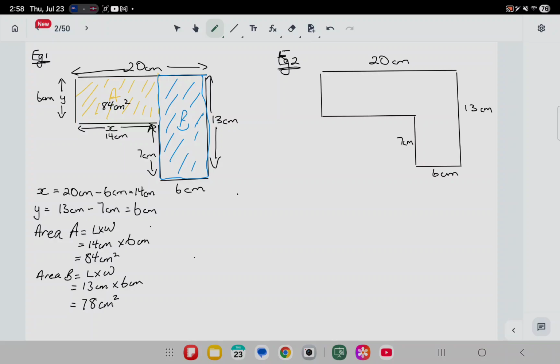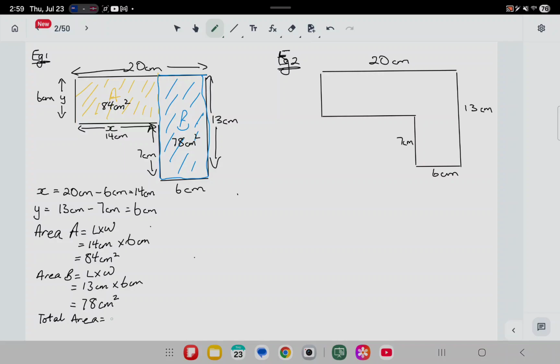So good. Now that we have the area of A and the area of B, we can find the total area of this compound shape. To find the total area, we add all the areas.